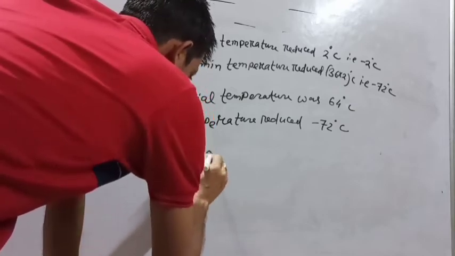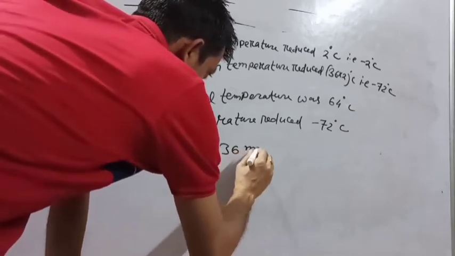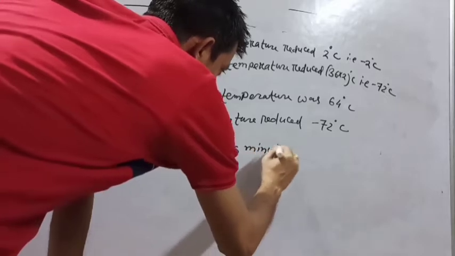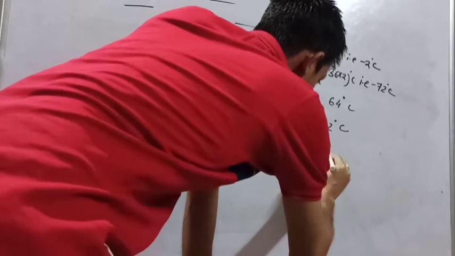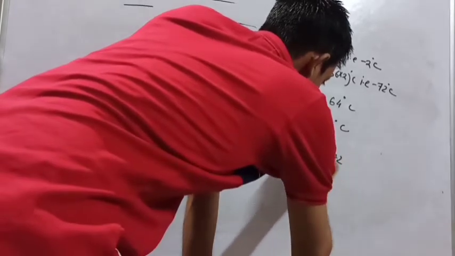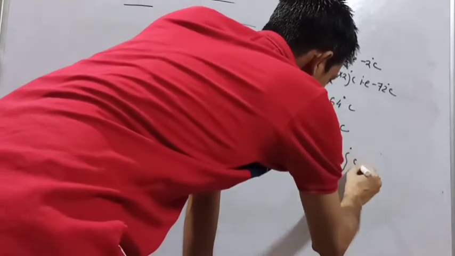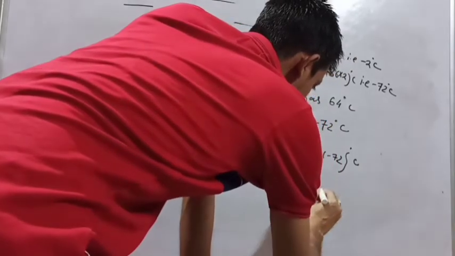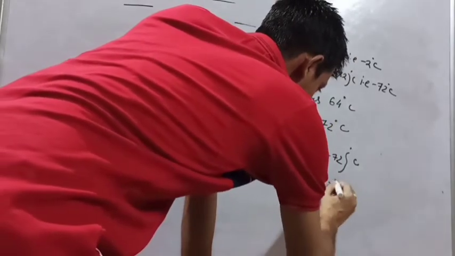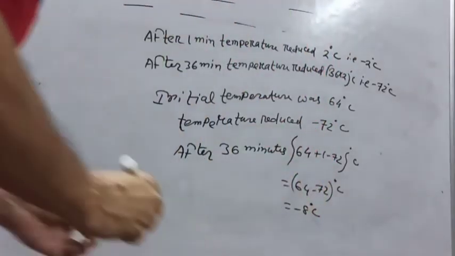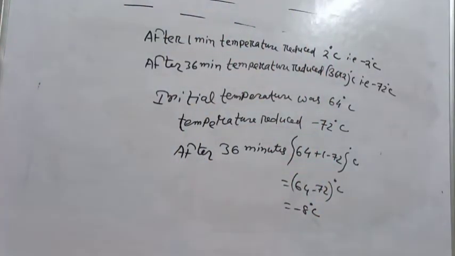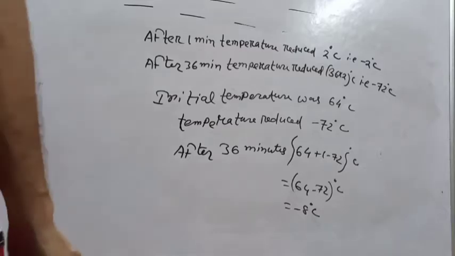After 36 minutes, 64 plus minus 72 degrees Celsius, that is 64 minus 72, which is minus 8 degrees Celsius. Reduced means minus.